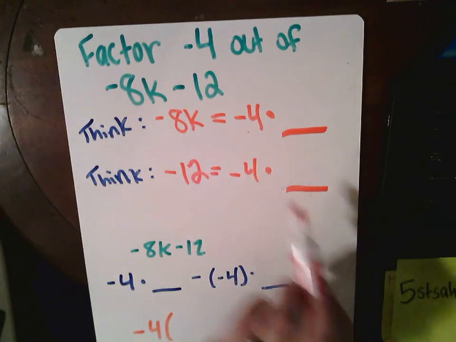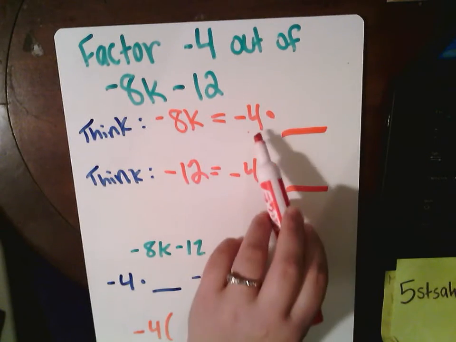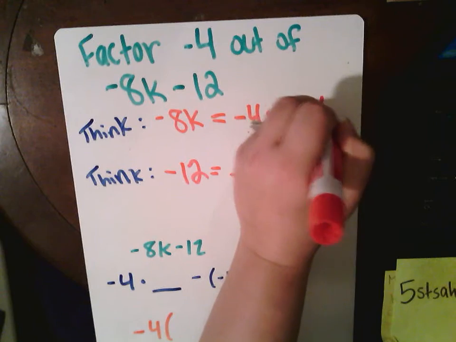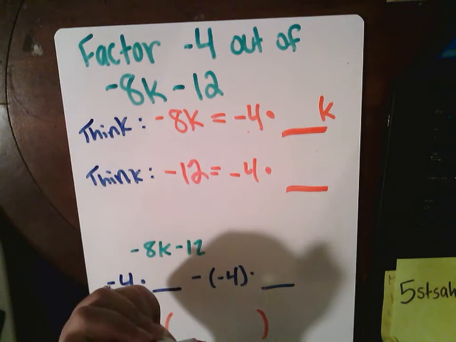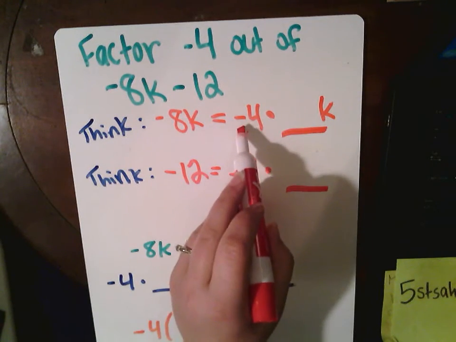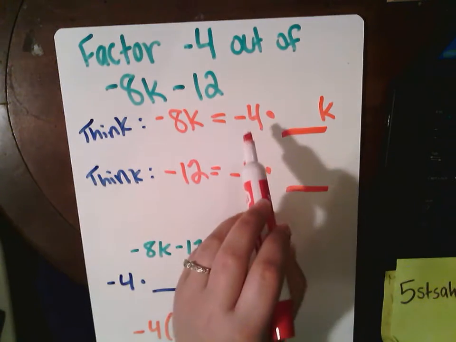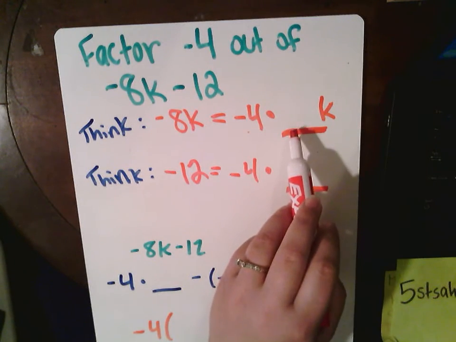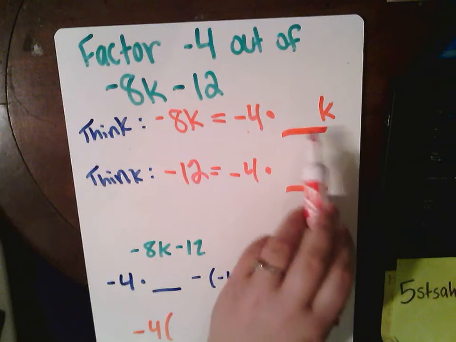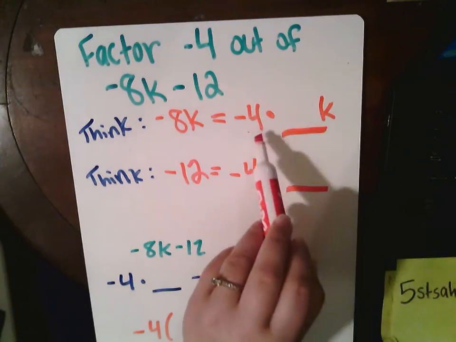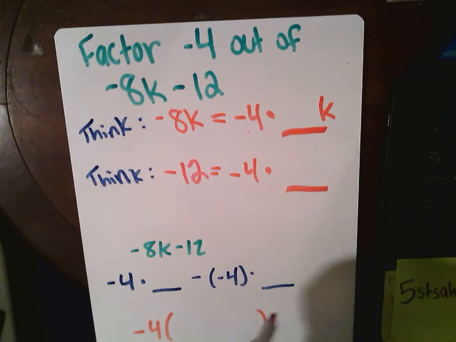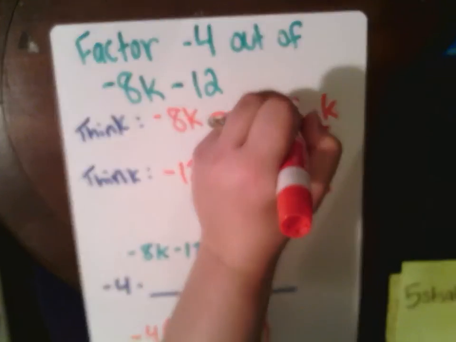So we have our variable here, we have a k here, we don't have a k here, so we know we need a k. Now let's look, we have a negative and a negative. So negative times a positive gives us our negative, so we know this has to be positive. Now 4 times what gives us 8? Well, 4 times 2 gives us 8.